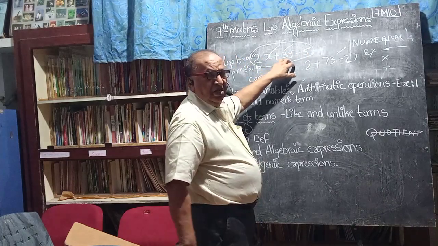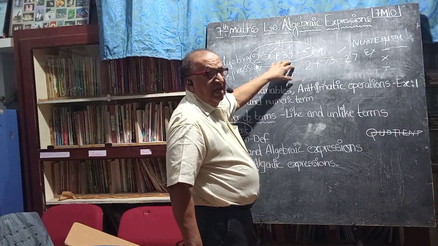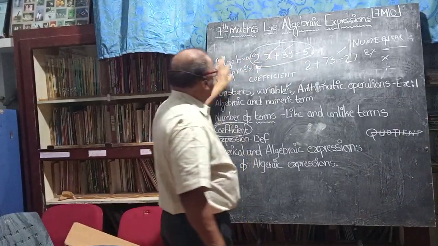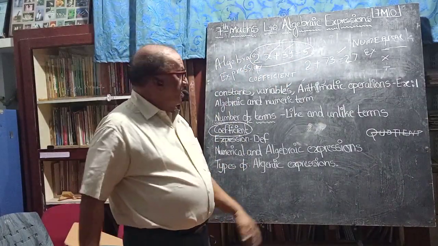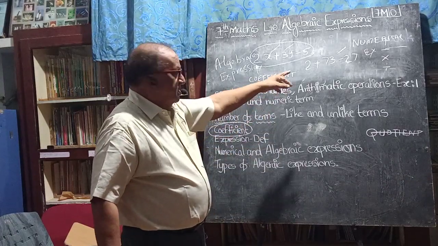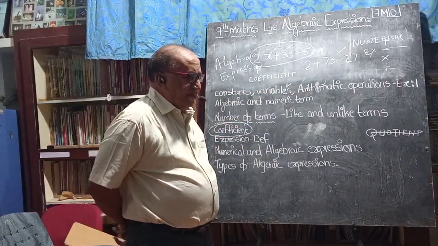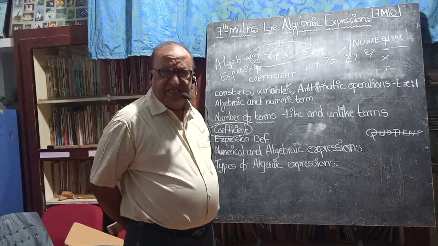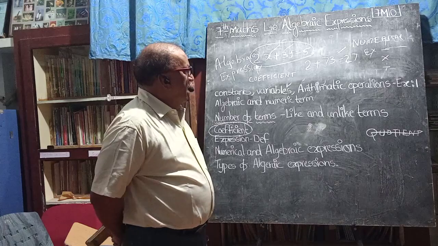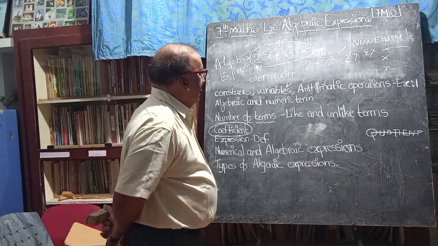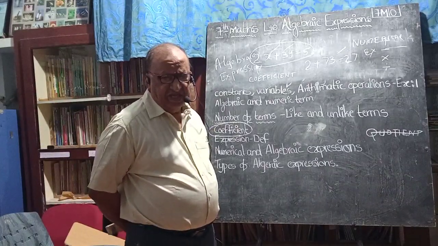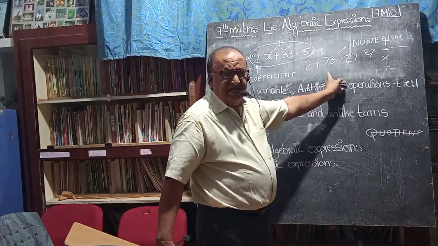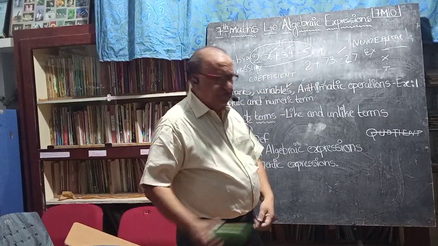Here are two algebraic terms and one numeric term, so the total is called an algebraic expression. Whereas in the other one there are 3 terms, 2 plus 73 minus 27, but it is called a numeric expression because it does not have any variables. Do you see any x or y or a, b, c? No. So that's why it is called a numerical expression.